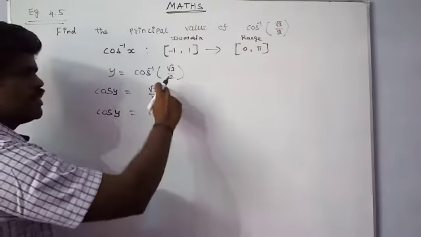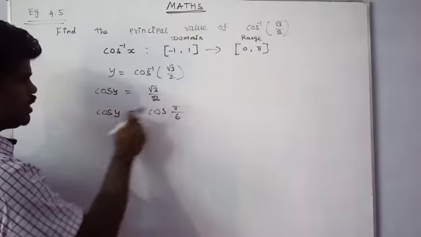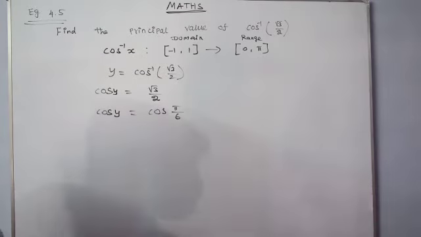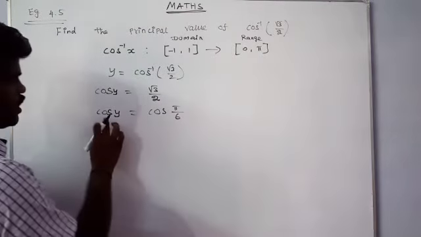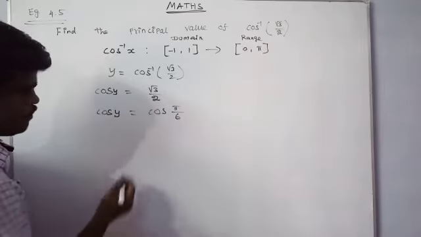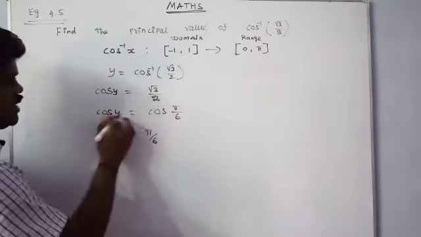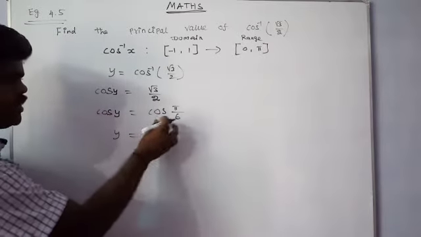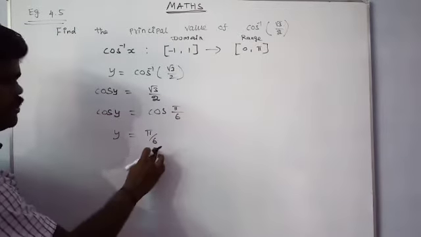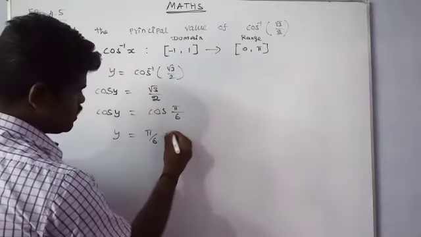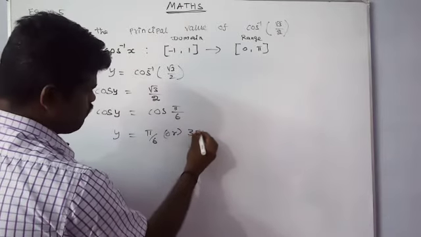Cos 30 degree is root 3 by 2. You want to write both as cos. We don't write sine value. Okay, right. So cos y is equal to cos pi by 6. Therefore, y equal to pi by 6. Equating this value, cos y equal to cos pi by 6, therefore the angle must be y equal to pi by 6 or 30 degree.